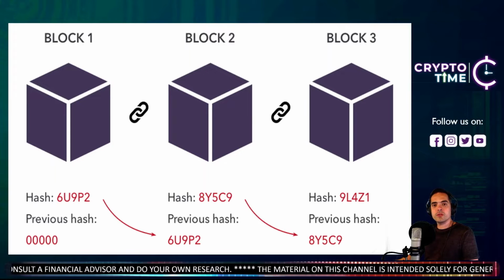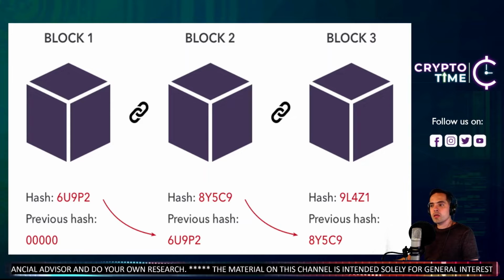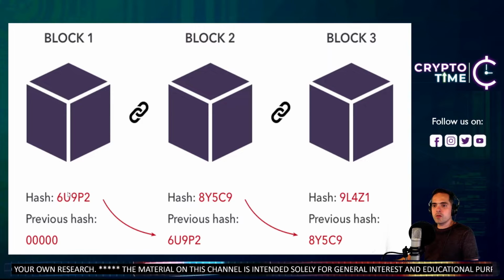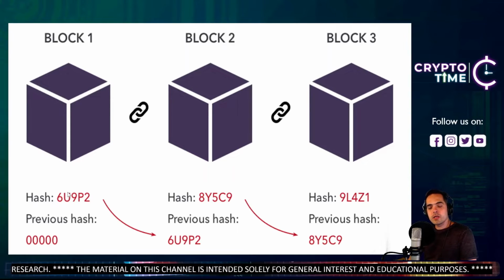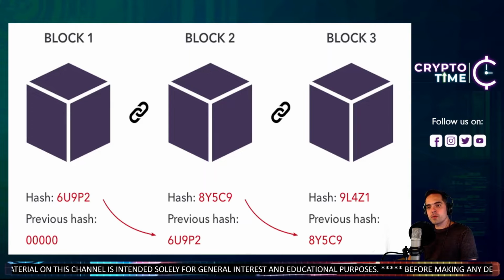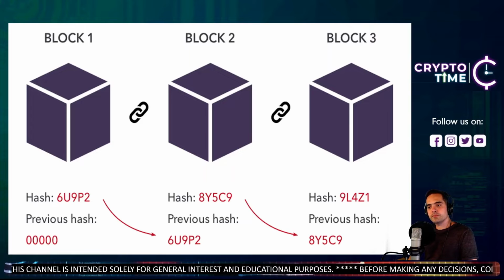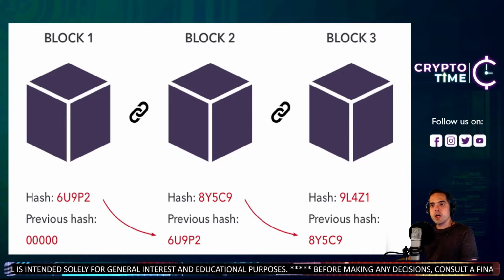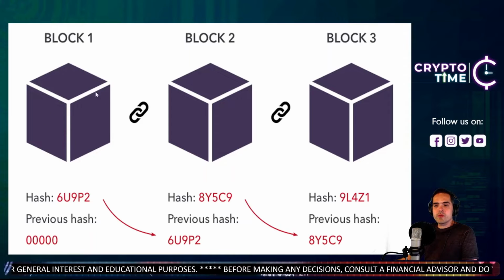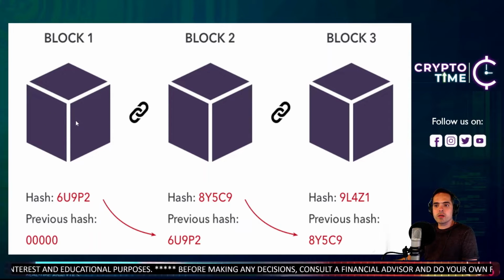If you are into the technical part, you can look further and Google what a hash actually is. But for this video, for this purpose, the hash will be an ID of that block, a fingerprint or an ID of that block.